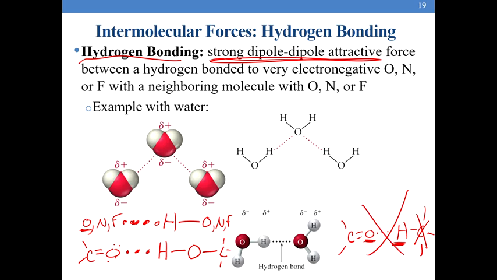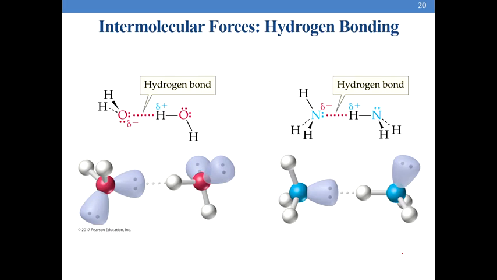Incorrect hydrogen bond. So here are two examples from your book of water attracted to other water, or ammonia attracted to other ammonia, okay? So here's the water. We have the positive dipole H connected to an oxygen. The dotted line is the hydrogen bond attracted to the oxygen, okay?